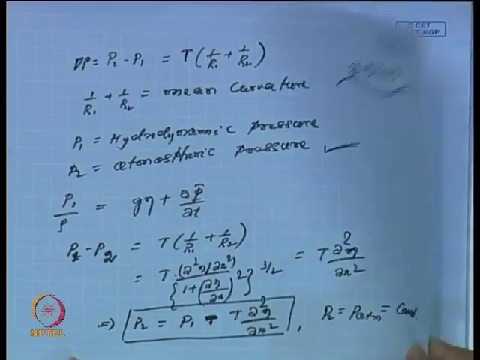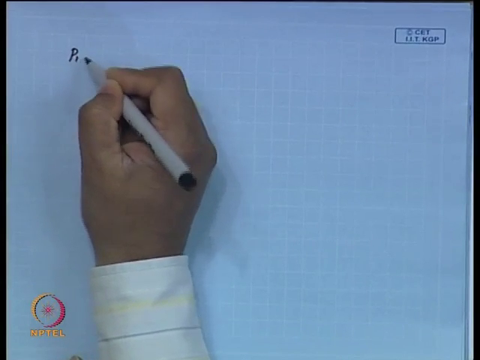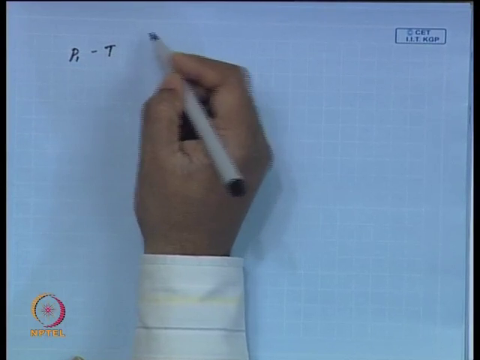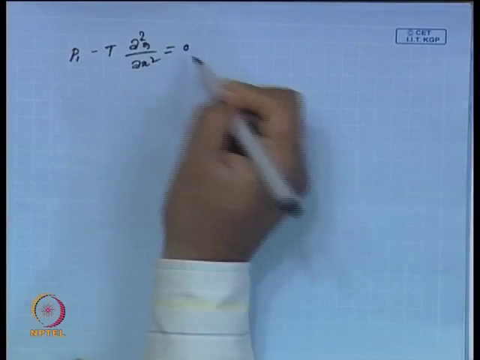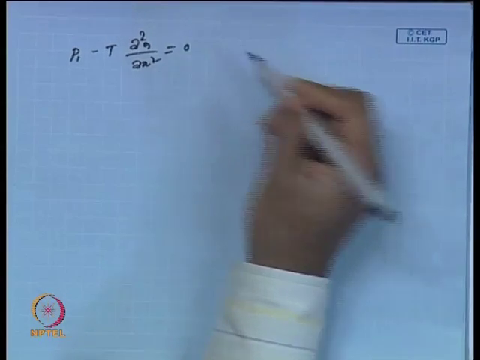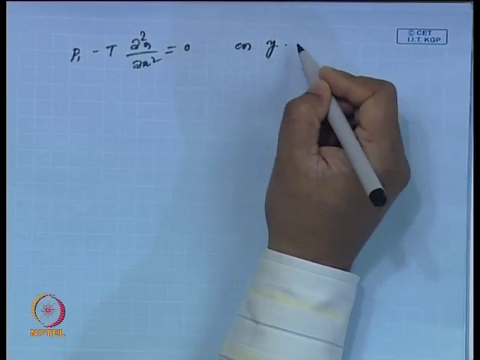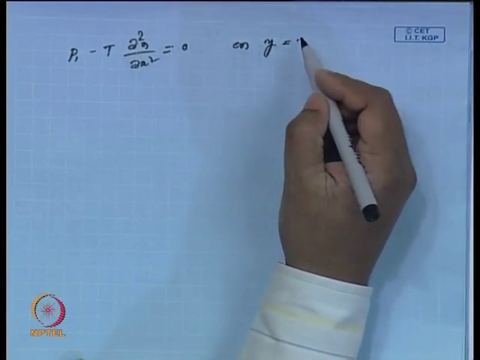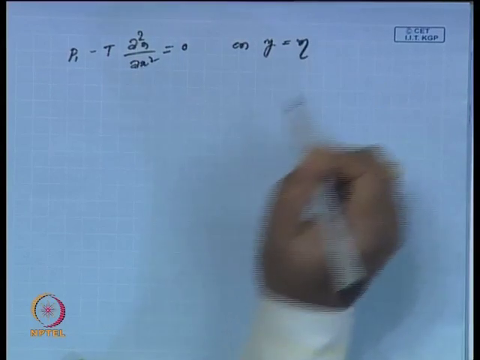So on the surface we have P equal to P atmosphere. In the process, I will have P1 minus T del square eta by del x square equal to 0 on y equals eta.